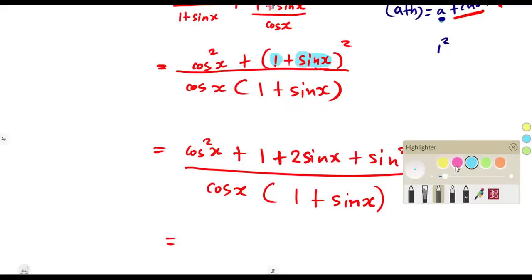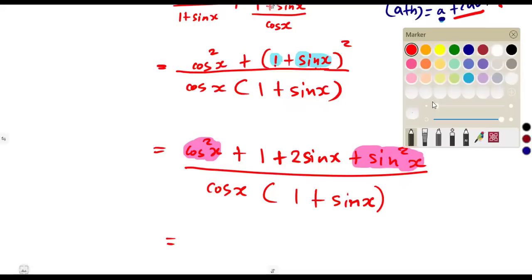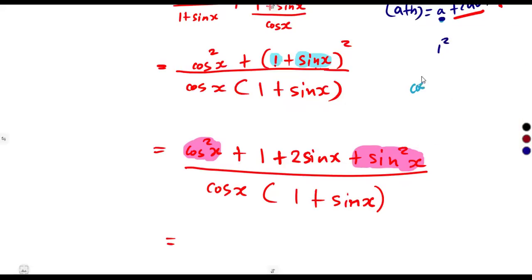Which part is it? The cos squared of x plus the sine squared of x. Remember your Pythagorean identity. Cos squared of x plus the sine squared of x is equal to 1.